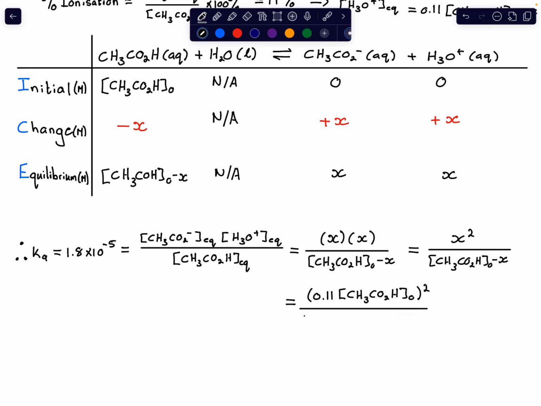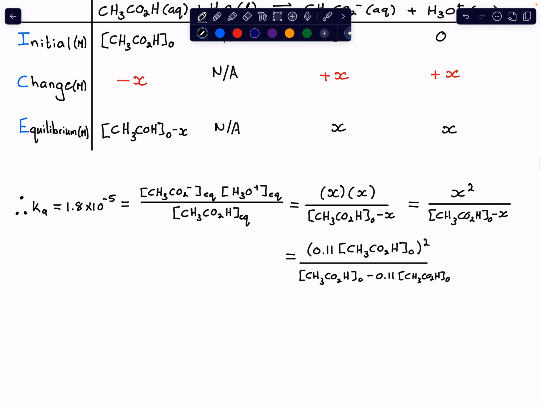And then the bottom is the concentration of CH3CO2H naught minus 0.11 times the concentration of CH3CO2H naught.